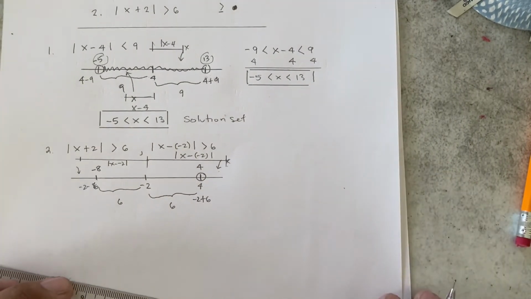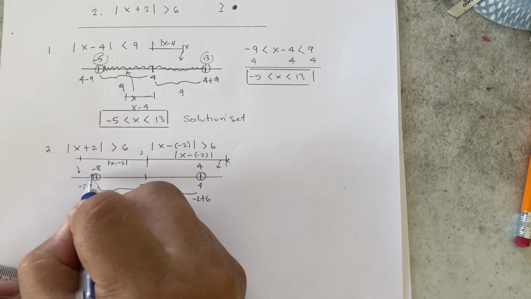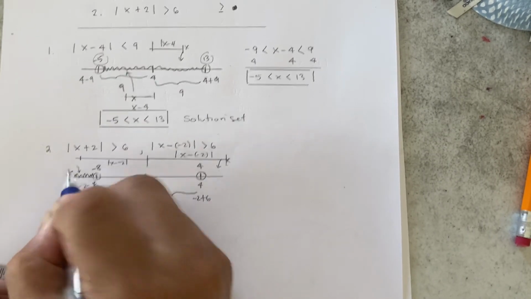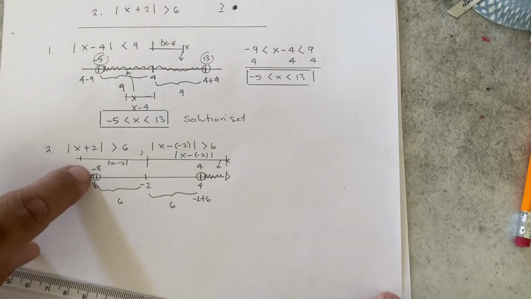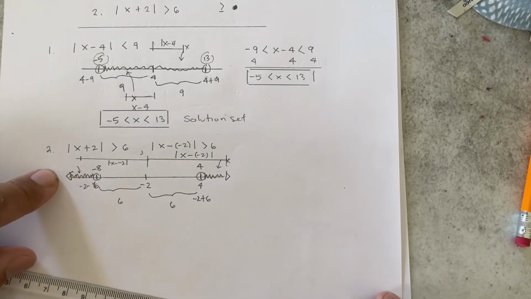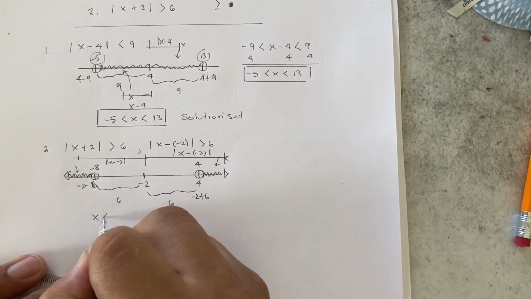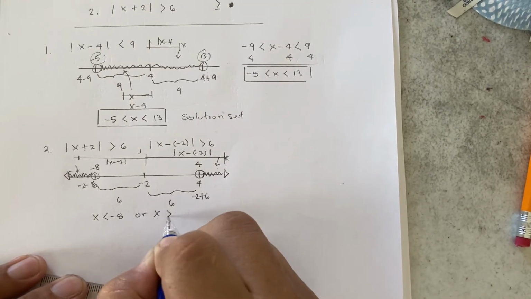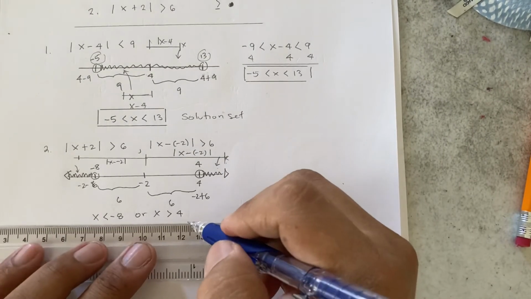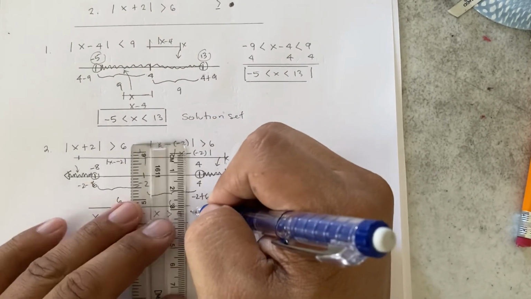So your solution set has to fall this way: all values of x less than negative 8 and all values of x greater than 4. X less than negative 8 or x greater than 4. All these values will satisfy the absolute value inequality.